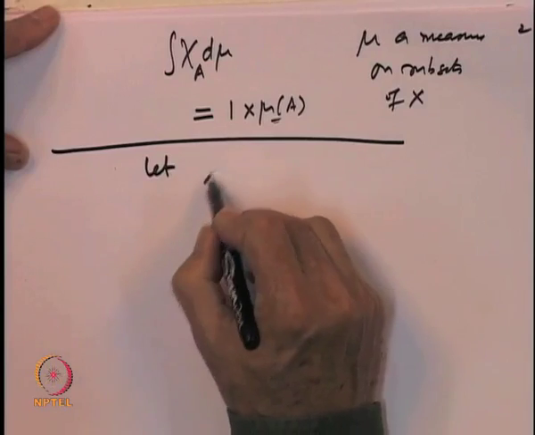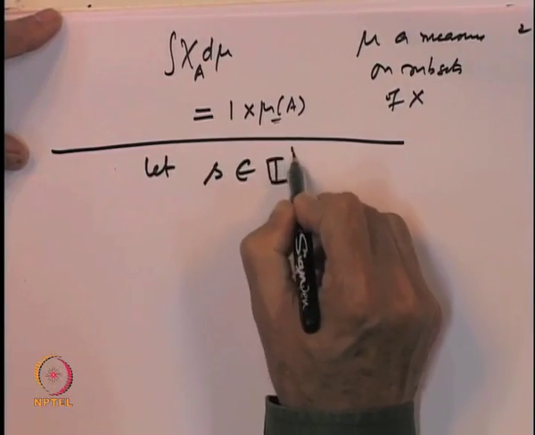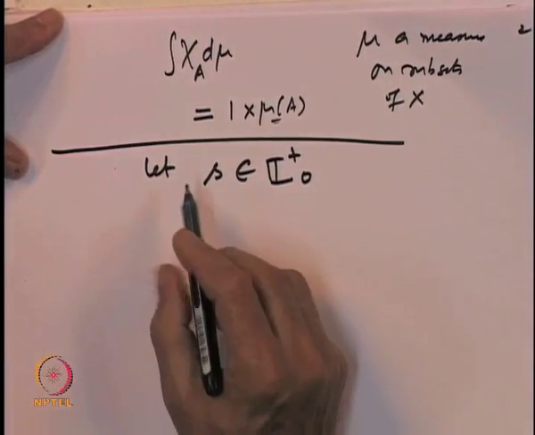So, let us take a function S belonging to L plus 0. So, it is a non-negative simple measurable function.